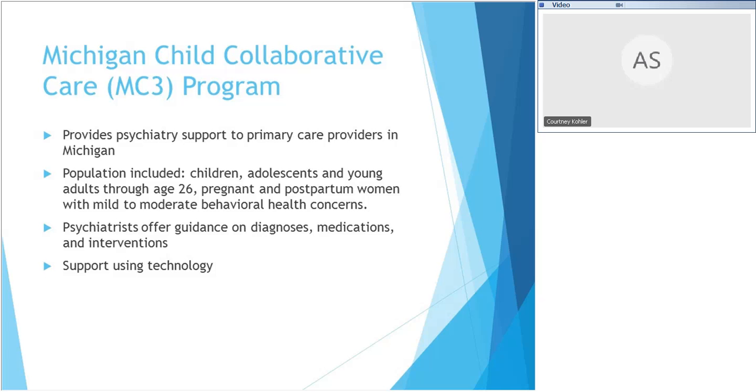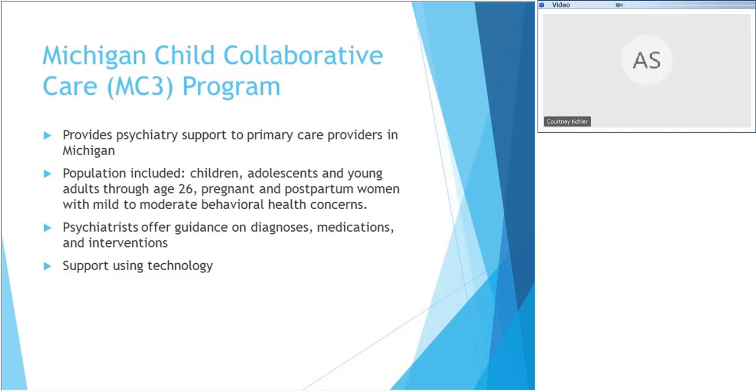The support they provide is using educational phone consultations with the provider, so with the primary physician and his office staff, and they will also do remote psychiatric evaluations for patients and families through a video telepsychiatry process.